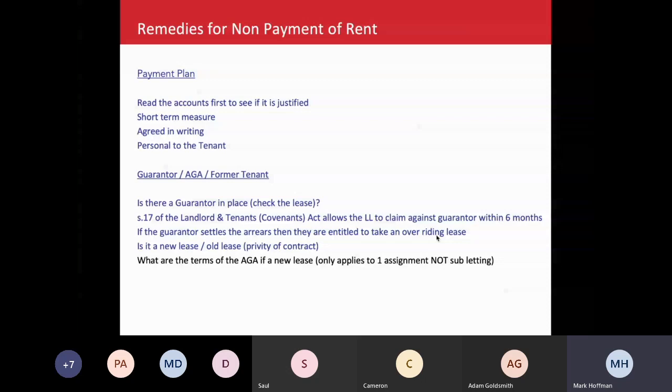But if the local convenience store wants to assign that lease to another local convenience store, Tesco are off the hook. And then all of a sudden, that investment that you bought for 5% is now let to a local convenience store with another local convenience store as the guarantor, and it's not going to be worth as much.